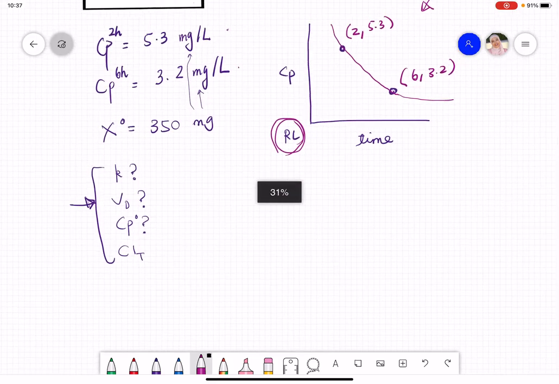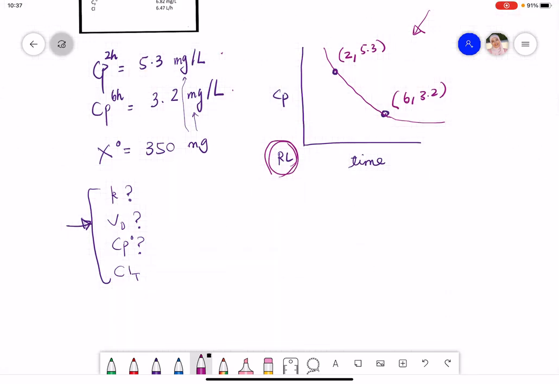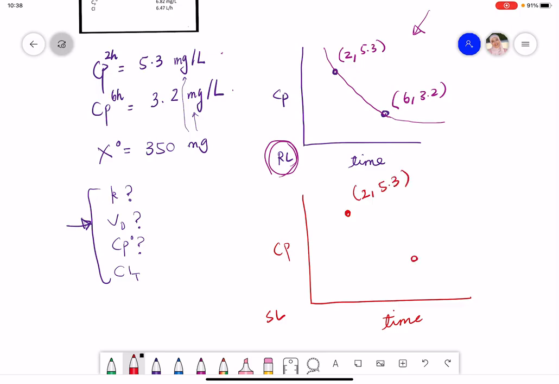The same thing you would have for concentration versus time on a semilog graph, a similar graph, and we will have 2, 5.3, and we will have 6, 3.2.